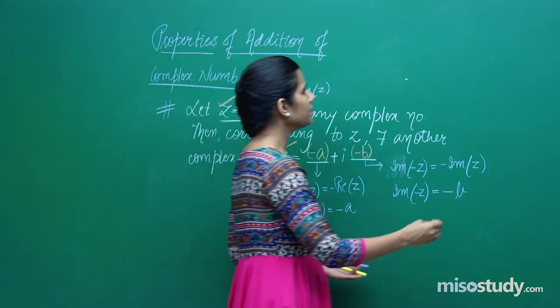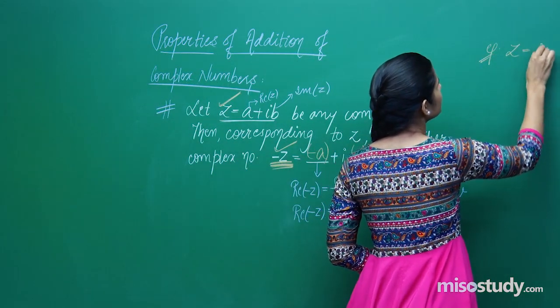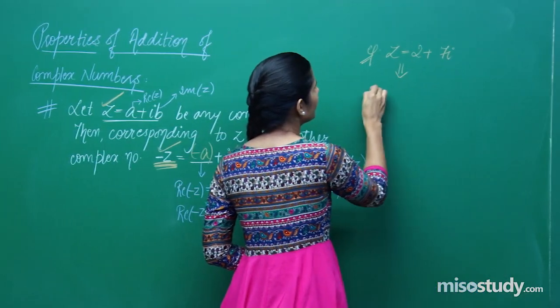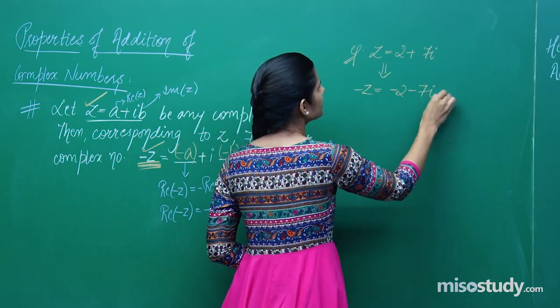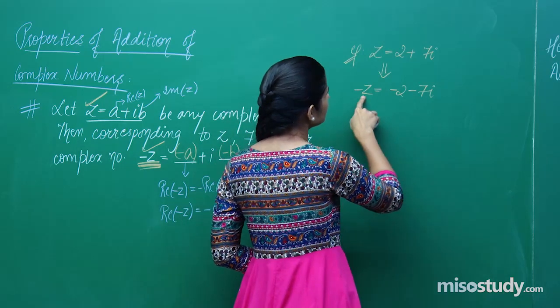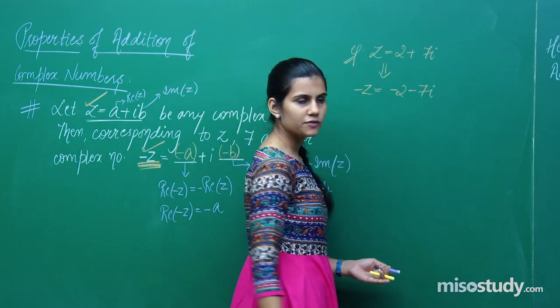Give me any complex number. Say for example, z is 2 plus 7 iota, then this is going to give rise to a new complex number minus z, which is minus 2 plus minus 7 iota. So, real part of minus z is minus of real part of z, imaginary part of minus z is minus of imaginary part of z.